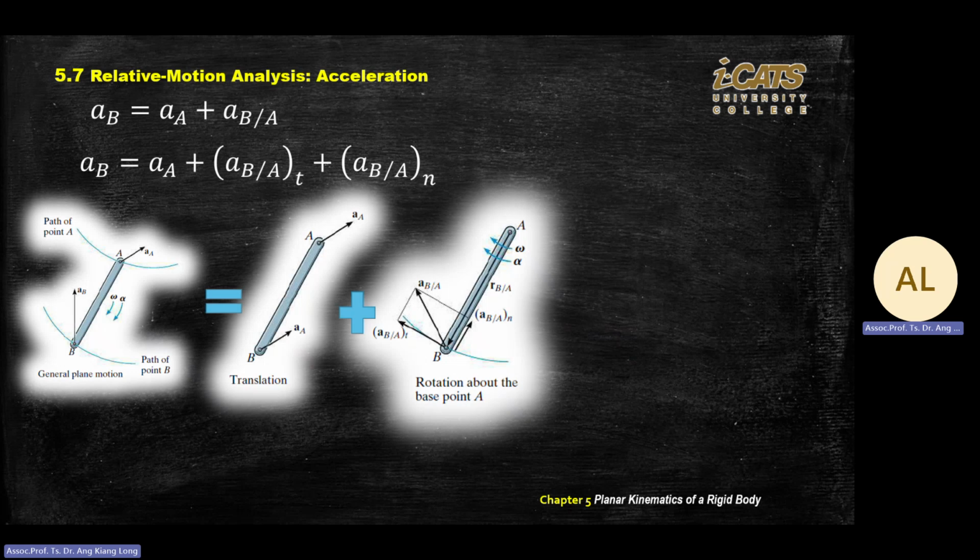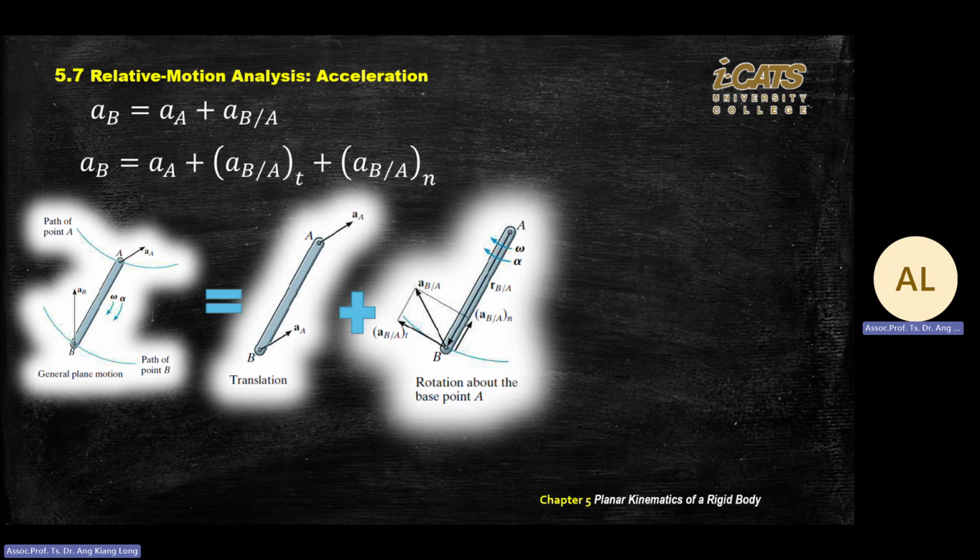So if you're given a question, let's say this rod is rotating with omega and alpha. Omega is angular velocity, alpha is angular acceleration. It rotates in the clockwise direction, so your omega is going inside the screen. The body is tilted at a certain angle.